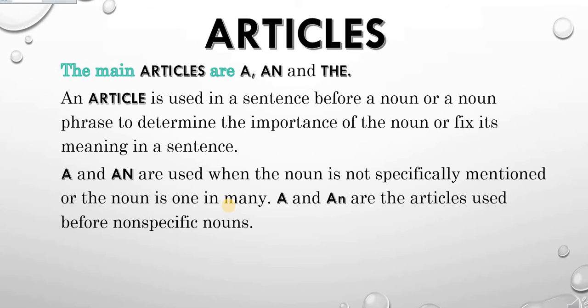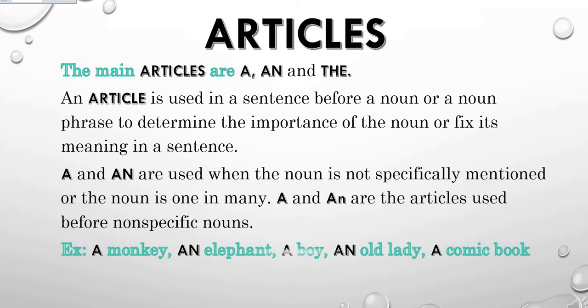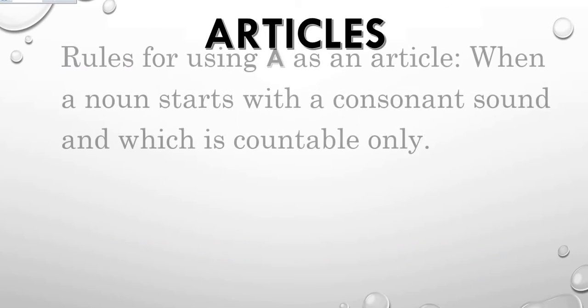Like there are so many trees, stars, houses, people, animals, and when we are talking about one of them, we use a or an to specify them. A and an are used before non-specific nouns which are not important. A monkey, an elephant, a boy, an old lady, a comic book.